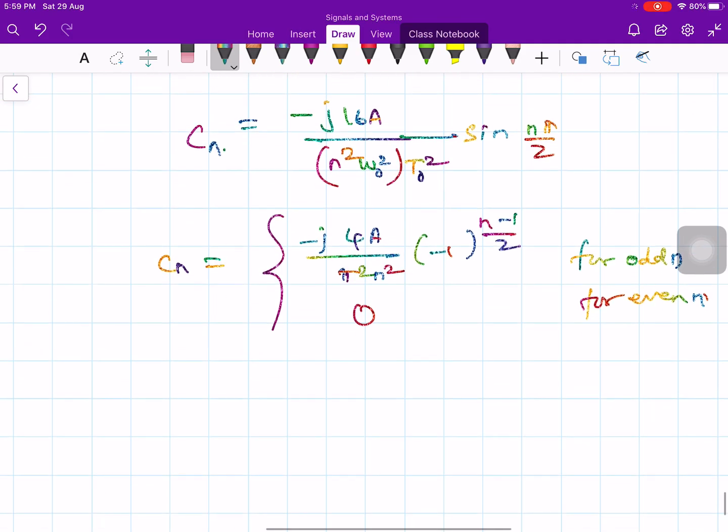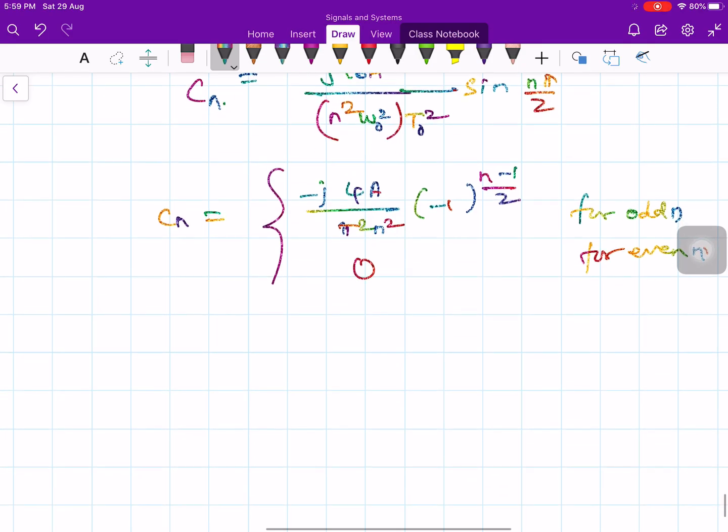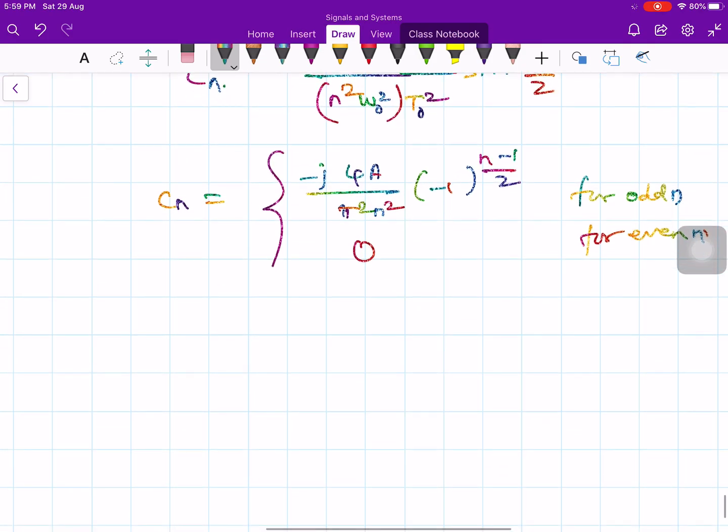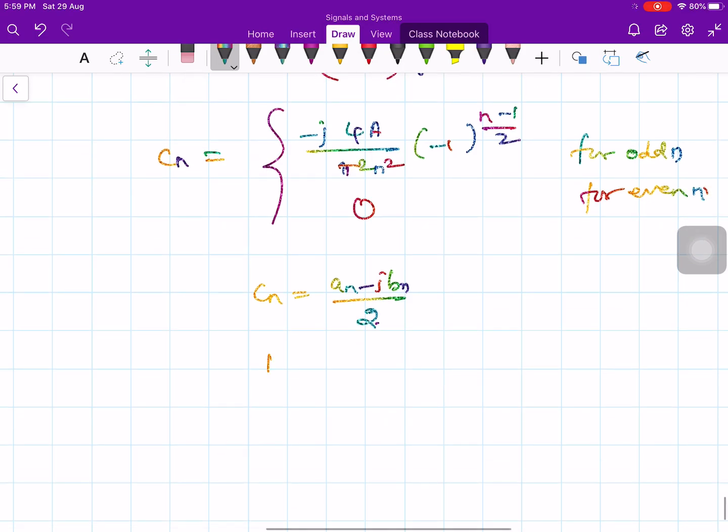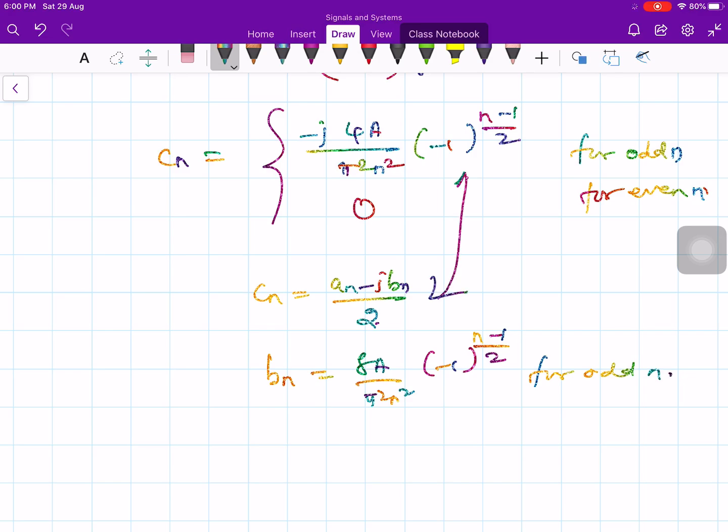So that is the Fourier coefficients for the original triangular waveform, okay. And recognizing that Cn is equal to an minus j bn by 2 from your trigonometric Fourier series, then you can write bn is equal to 8a divided by pi square n squared, then minus 1 whole to the n minus 1 by 2 for odd n. You can get back this, just to compare now, you'll get 8a by pi squared n square, minus 1 like that.